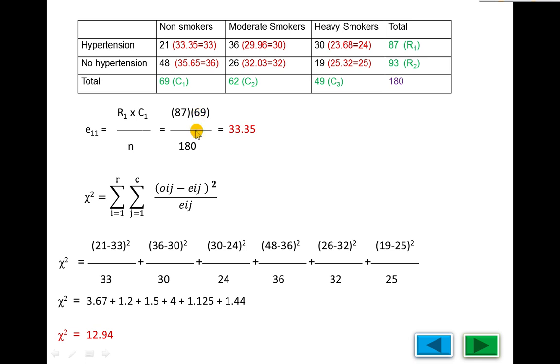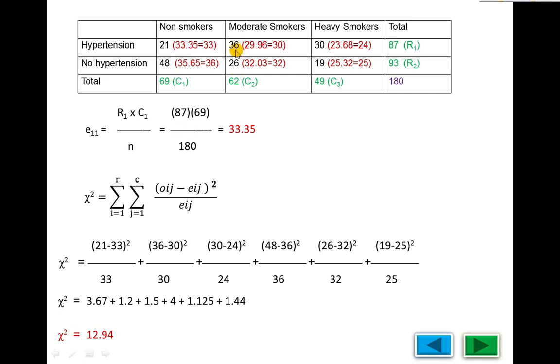Multiply both values, divide by the grand total 180, and you will obtain the expected frequency 33.35. Frequency is a discrete type of variable, so we write it as a whole number. You can also use 33.35 as it is for calculation, or you can write it in round figure.